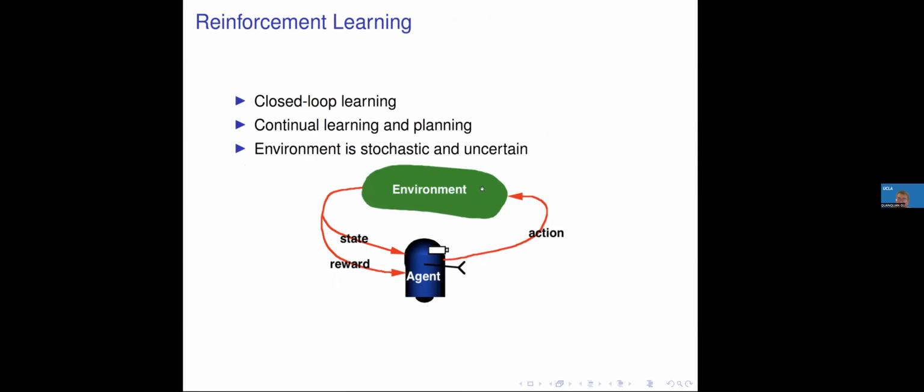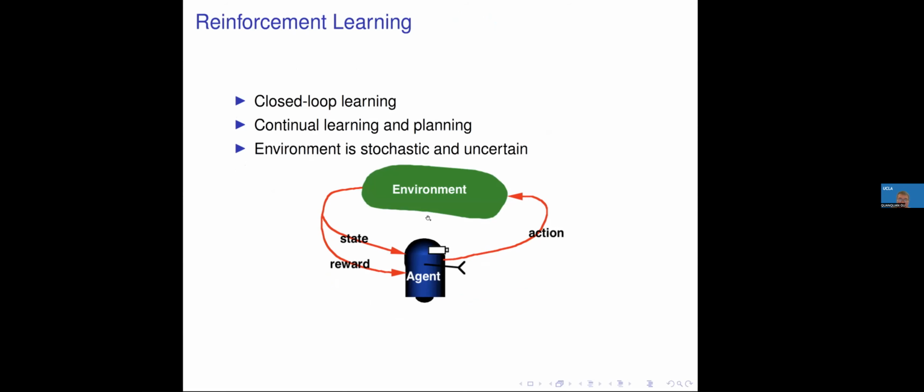As you can tell from this illustration, reinforcement learning is a closed-loop learning process, or we say continual learning. The agent needs to learn the policy and then use that policy to guide the learning and exploration process.